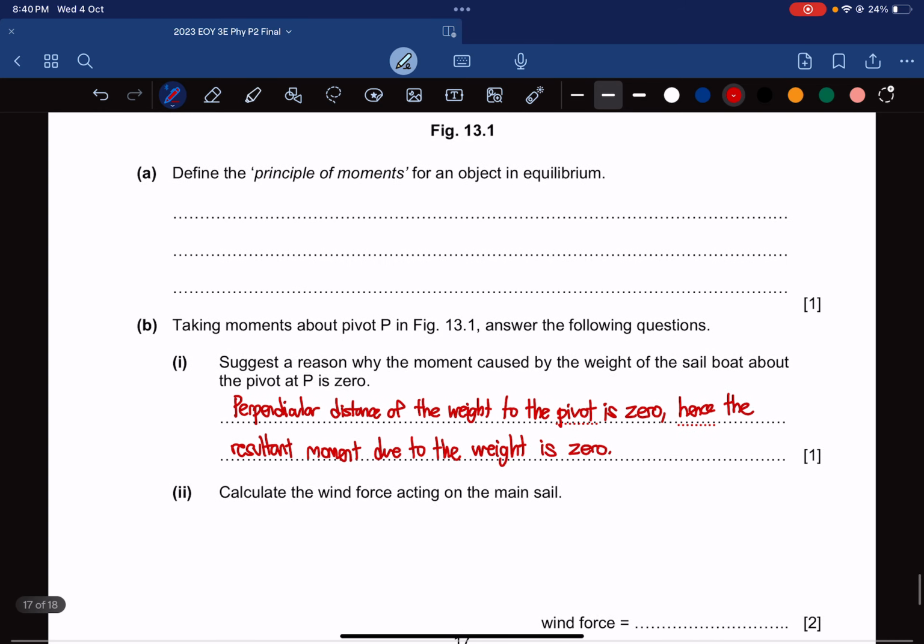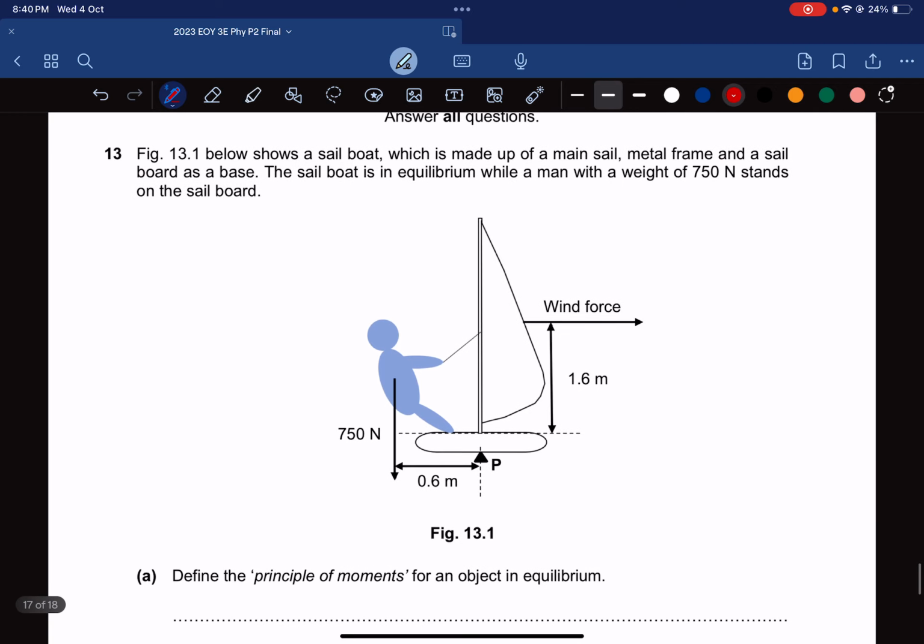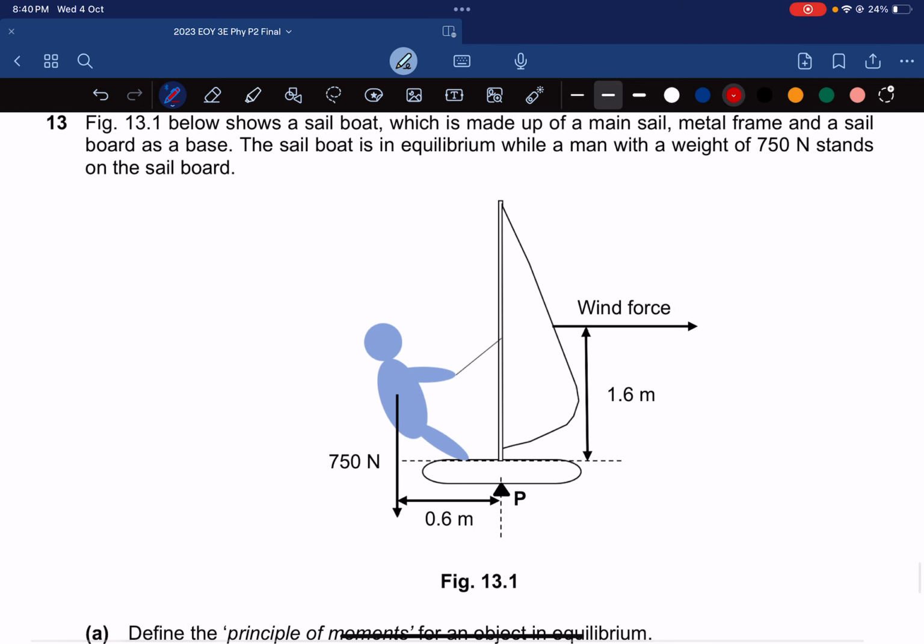Part 2. Calculate the wind force acting on the mainsail. The question says that this person is in equilibrium. So if this object is in equilibrium and the pivot point is here, there are two forces acting in this system.